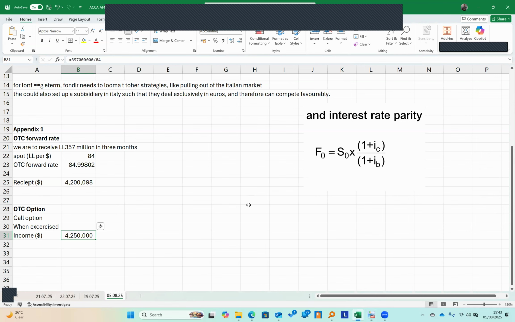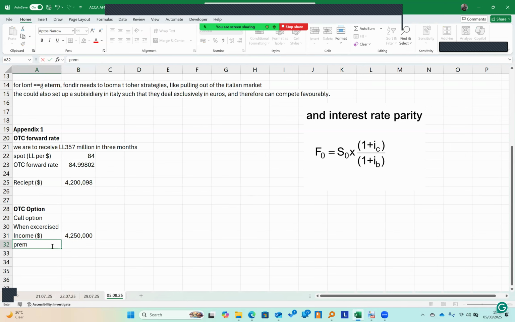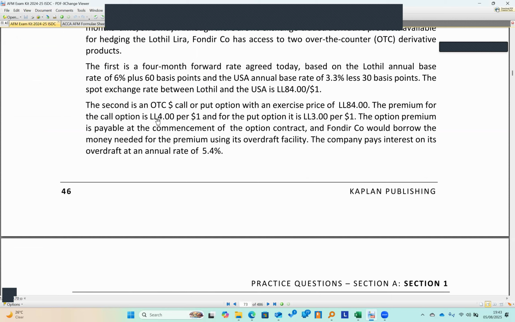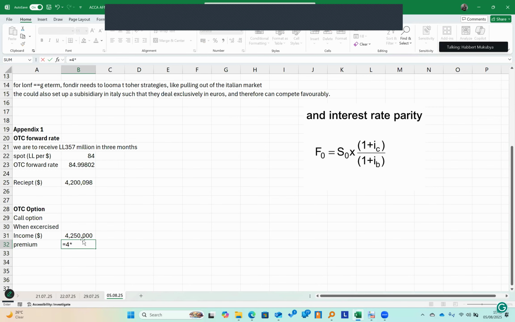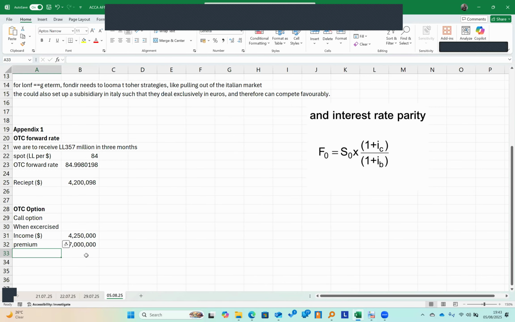However, since they're options, you normally attract a premium. The premium, they've told us that it is 4. And this is per contract, per $1, right? And these are dollars, remember. So the premium will be 4 multiplied by this much. So it will be 17 million.